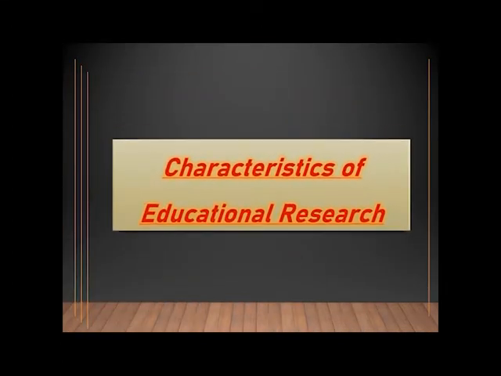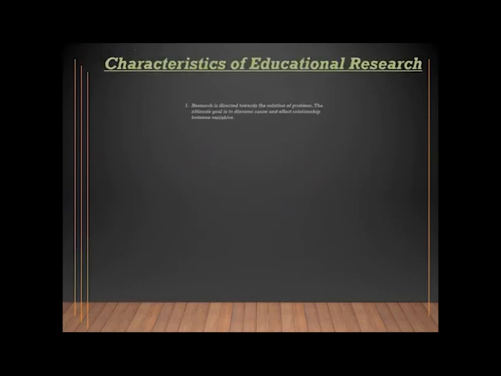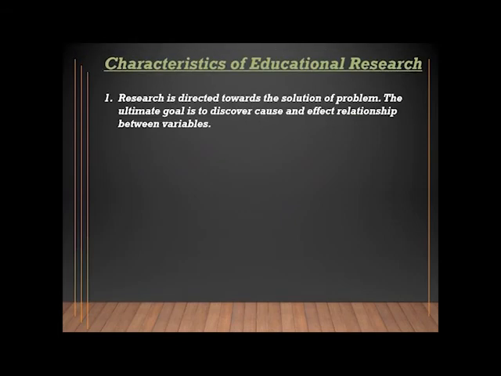With the concept of educational research, you need to understand the characteristics of educational research. First, research is directed towards the solution of problems. The ultimate goal is to discover cause and effect relationship between variables.